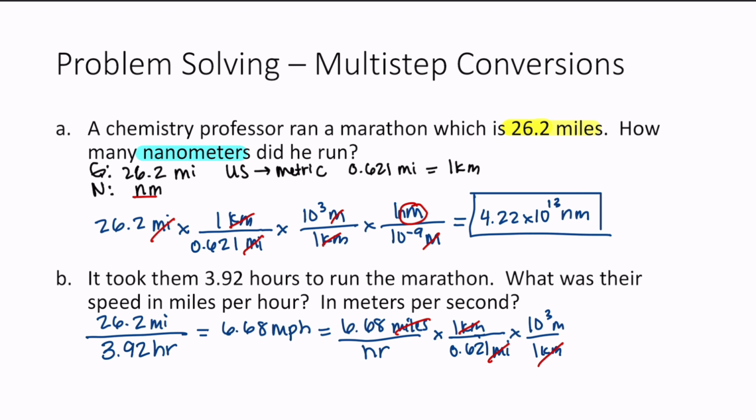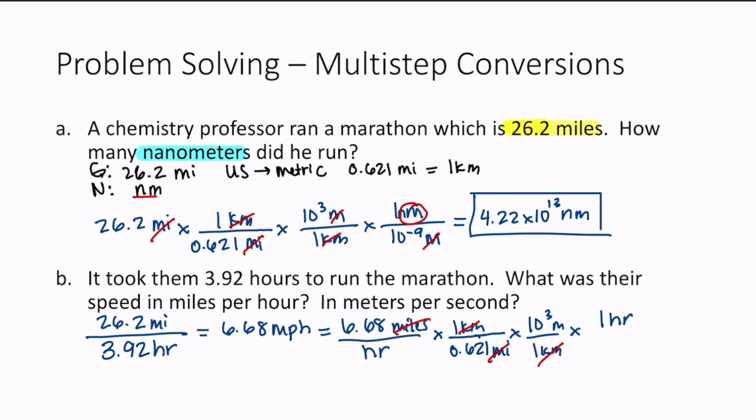But notice that I have meters per hour when I need meters per second. So I can convert into seconds. Even though I'm not right next to the hours, I can still put 1 hour on the top right here, and my units will cancel out even if they're not right next to each other.